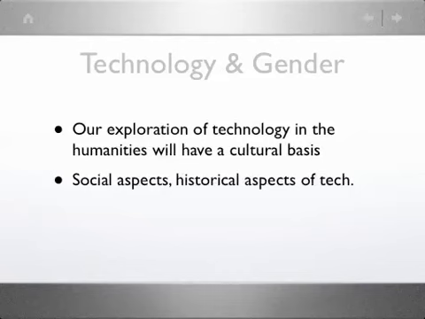We're not going to be really talking in great depth about specific technical things related to technology. We are going to be taking a look at it through these lenses that are related to the humanities, in which we're going to be talking about culture and society and various historical components of technology.